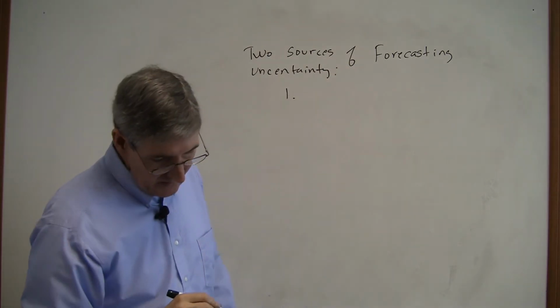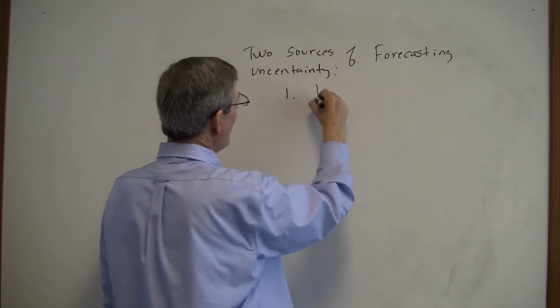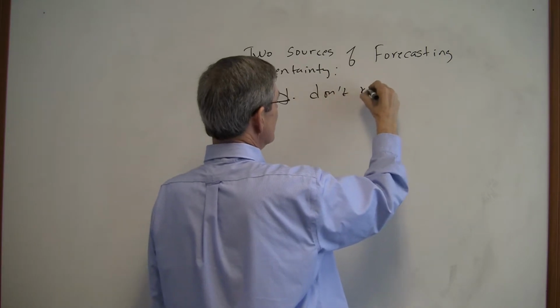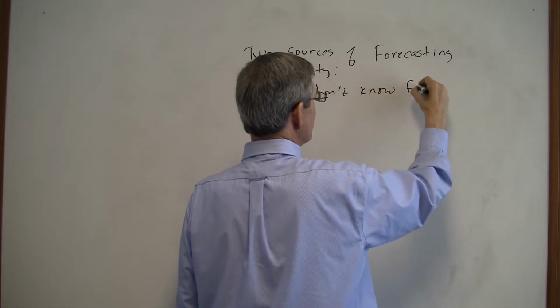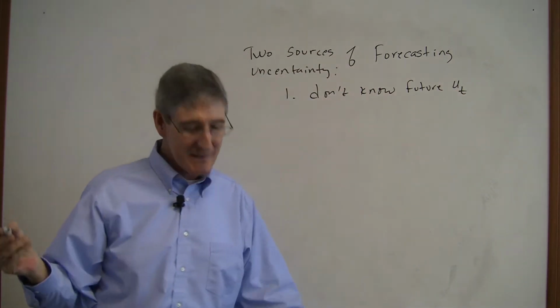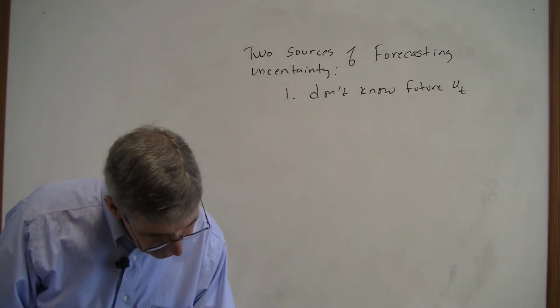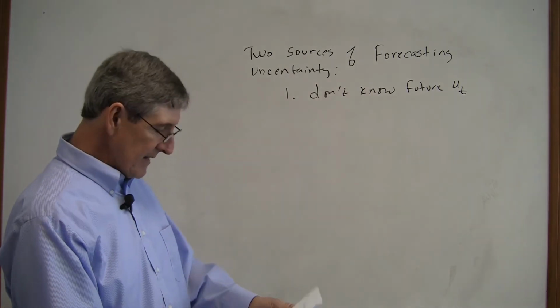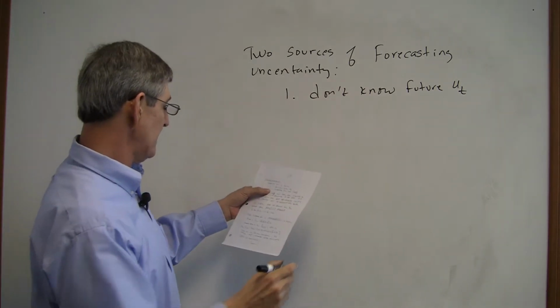First, we don't know future ut. We don't even know them in the sample, but at least we can get an estimate of them. We don't even have that here.